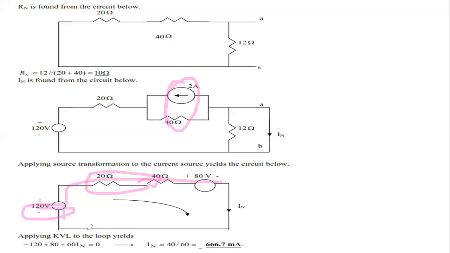So I am having this KVL, Kirchhoff's voltage law, which gives me In as 666.7 milliampere. From this equation I am getting In as 666.7 milliampere.